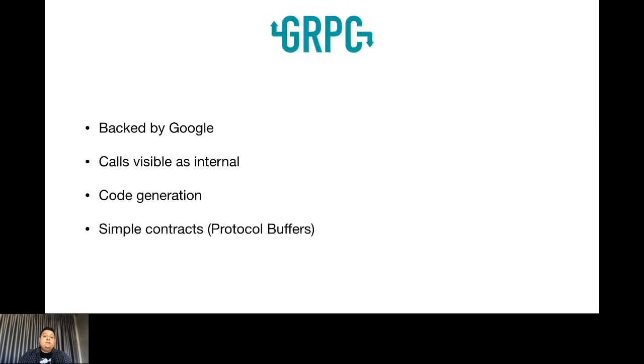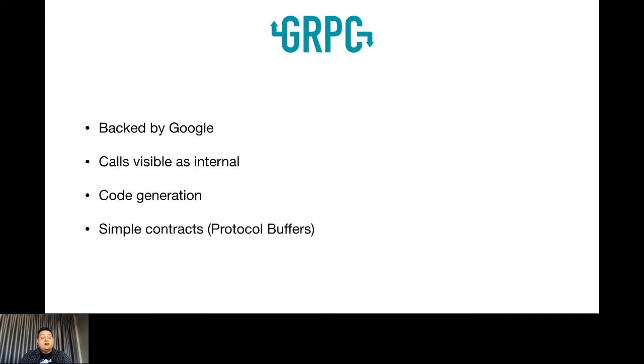Okay, so the next approach is called gRPC. It is an open source API backed by Google. What is nice about this kind of communication is that calls made with gRPC appear as internal calls in our application.